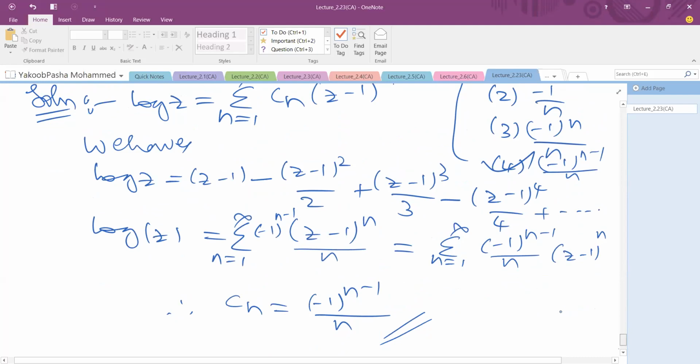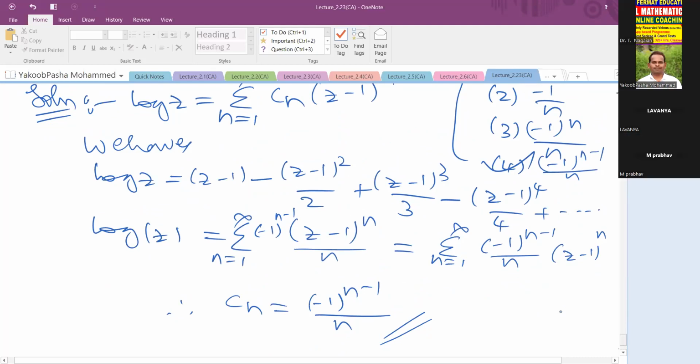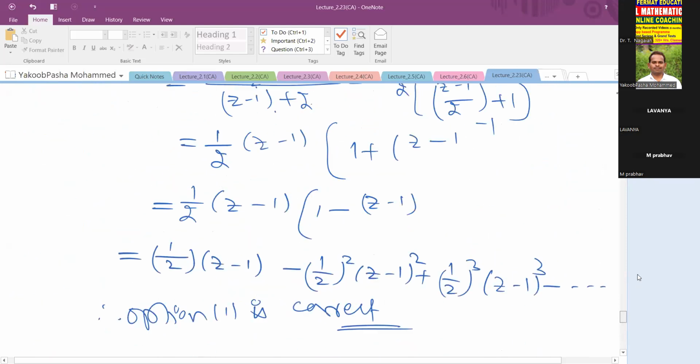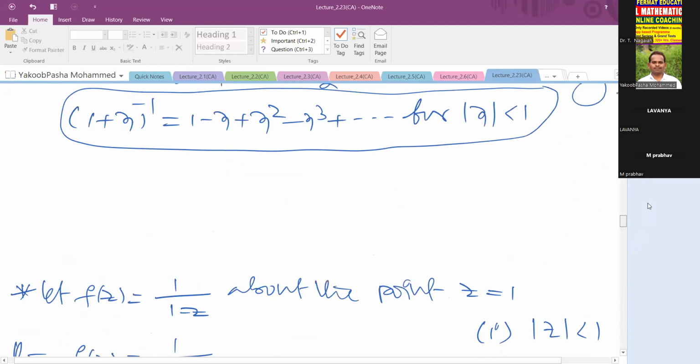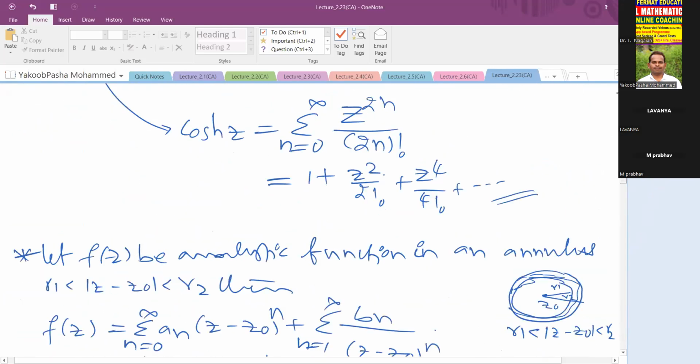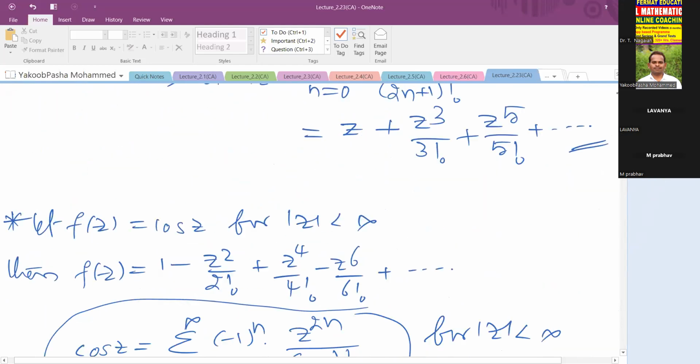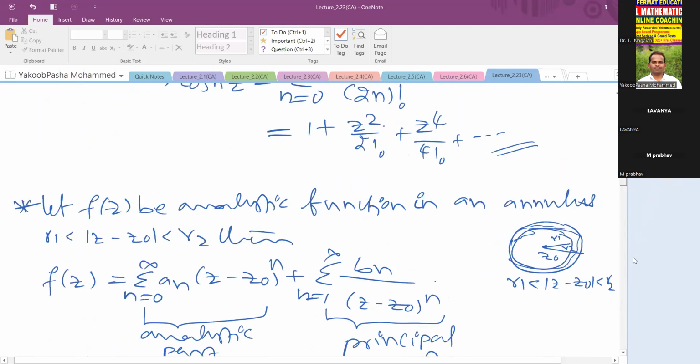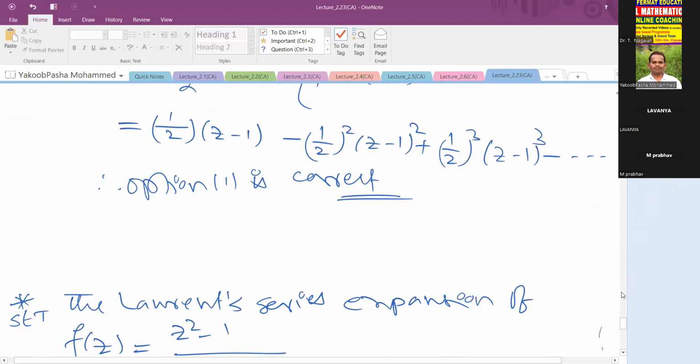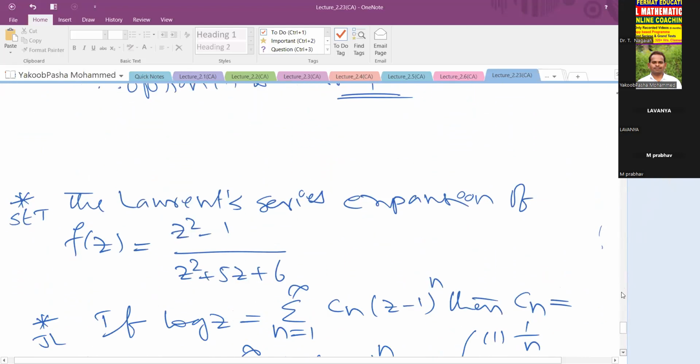About z is equal to 1, we can expand by using Maclaurin's series. Like here we used e to the power of z, cos z, sin z expansions, in the same way we can expand it. Okay.